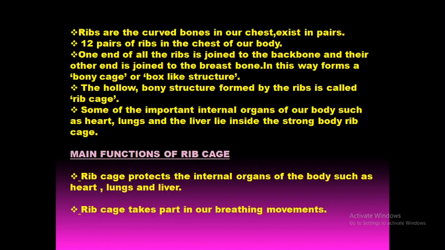So in case of brain also we had seen it is protected by the skull. Similarly here the heart, lungs and liver are also protected by the rib cage, and also they take part in the breathing movement, which we will come to when we study about respiration.